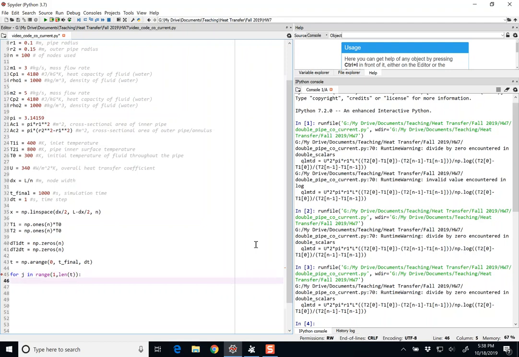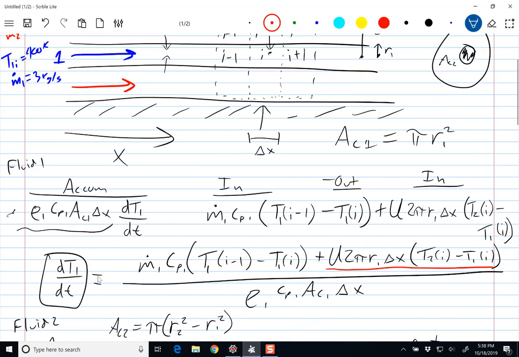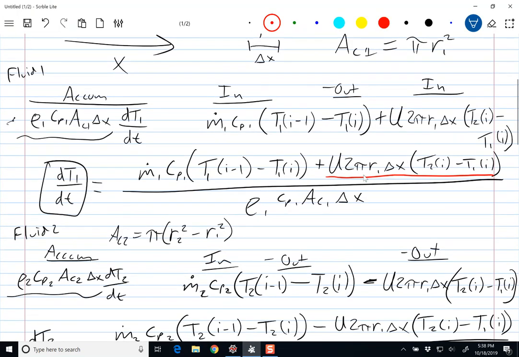Okay, now this is the place where we define our energy balance equation. So everything prior to this has just sort of been setting up the code. So now the trick is going to be to code this into a big equation. One method could be that we have another for loop where we loop through all the i's, starting from node i equals 1 all the way up to i equals n, and we define this over and over again.